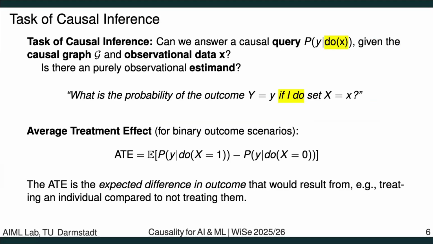So then we had a very brief look into causal inference, like what it means, why we want to have it. And basically the main task that we want to solve is usually this query, which means what is the outcome of a particular variable given that we intervene on some other variable.